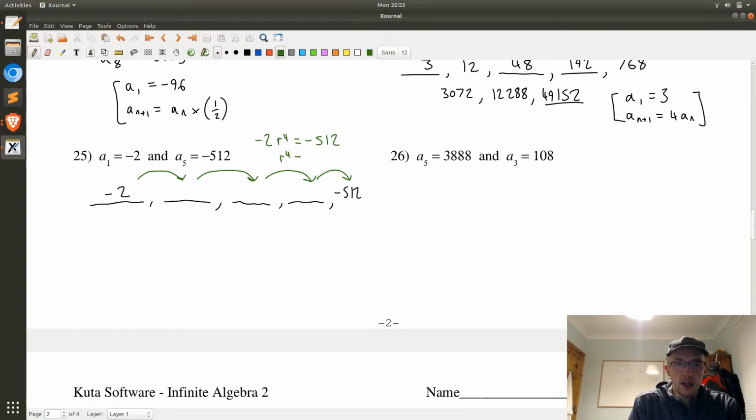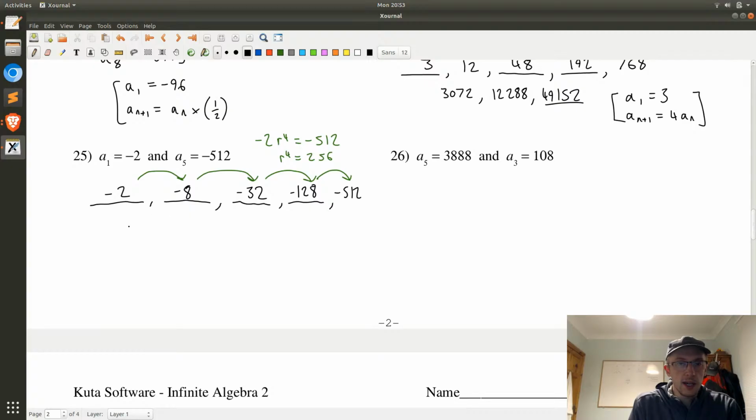And so we get r to the 4 equals 256, dividing both sides by negative 2. So r is 4. So now to get the rest of the sequence. So we have negative 8, negative 32, negative 128, and that is fine.